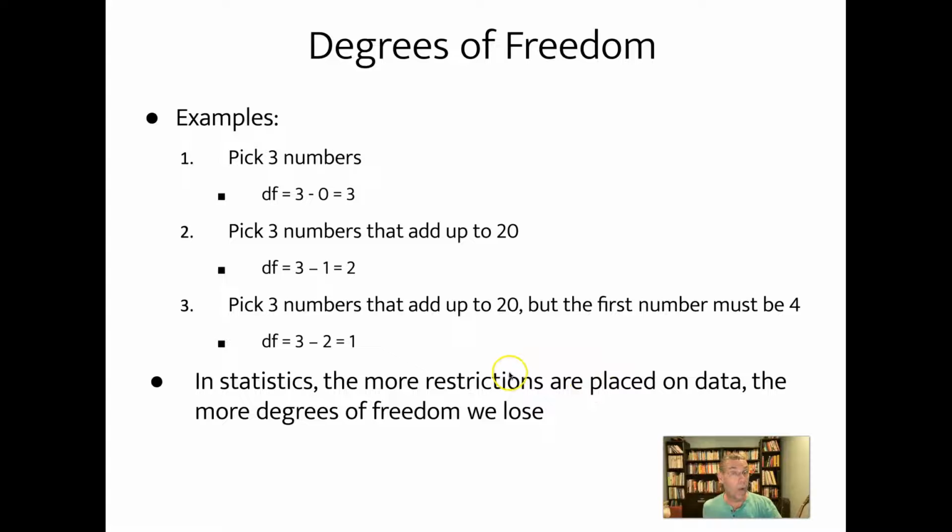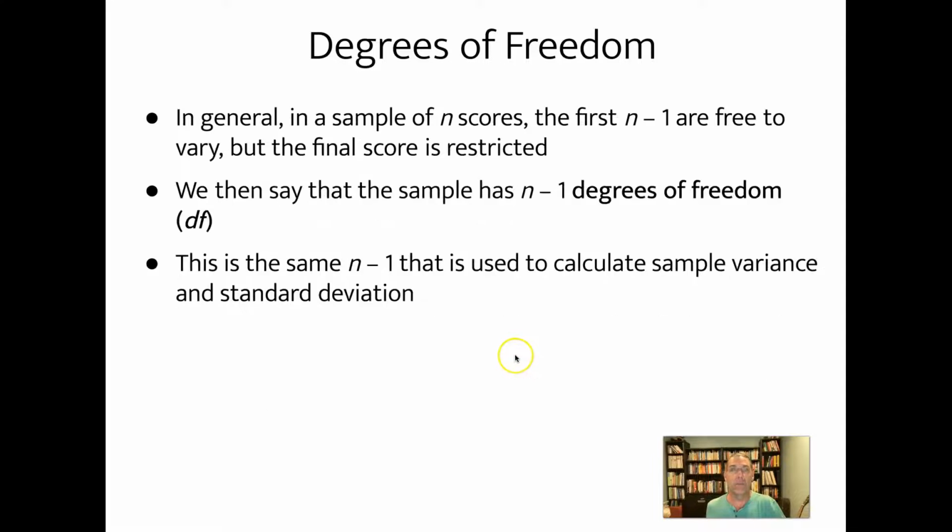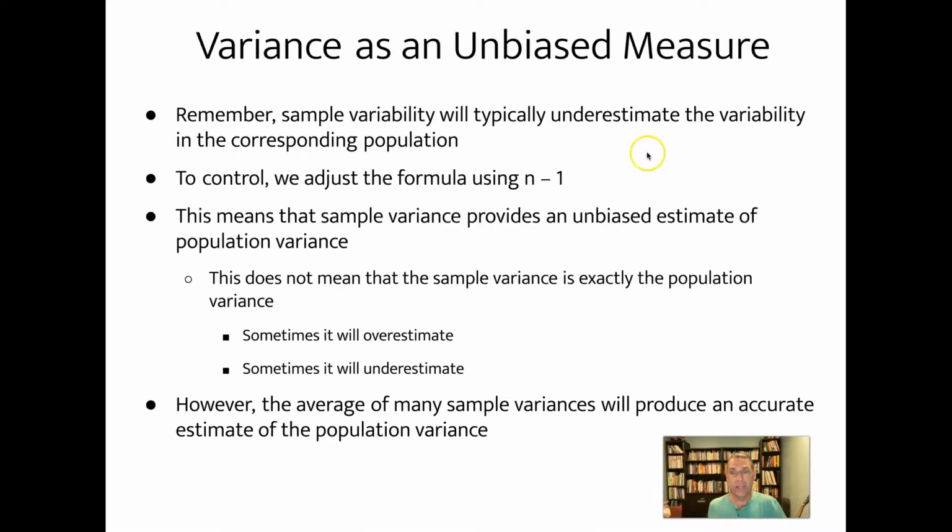So that's part of why we do n-1, because it reflects the degrees of freedom. The other beauty with this is that by using degrees of freedom in the denominator, not only does it increase the score, it also increases it perfectly. And that's where we talk about it being an unbiased measure. Again, not something you have to memorize or be tested on, but just know that the n-1 works.